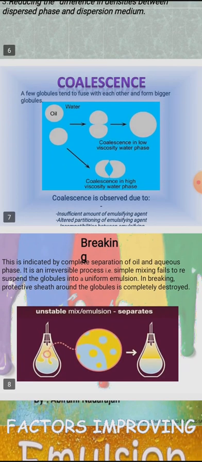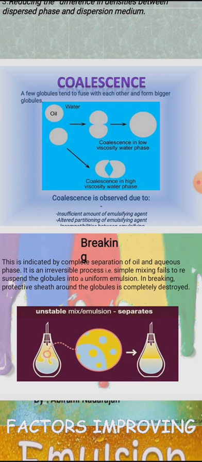The third point is incompatibilities between emulsifying agents. For example, we have prepared one emulsion that contains a combination of emulsifying agents. If incompatibility is present between those emulsifying agents, that means both are not compatible with each other, then coalescence may happen.